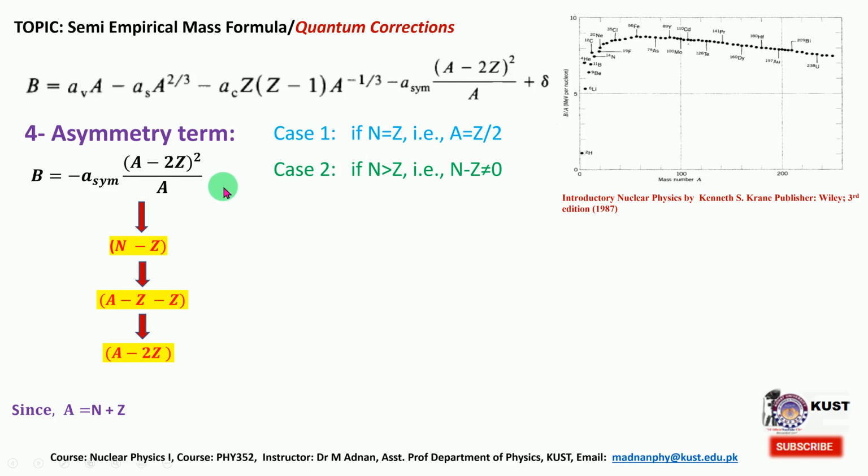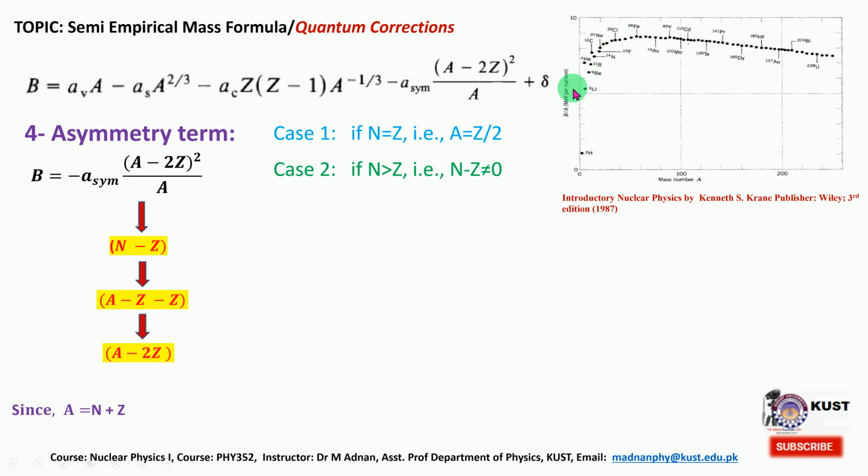With this, the first case, N is equal to Z, is pretty much the trend with the lighter nuclei. As I told you in my previous lecture, we can divide these elements into different groups.